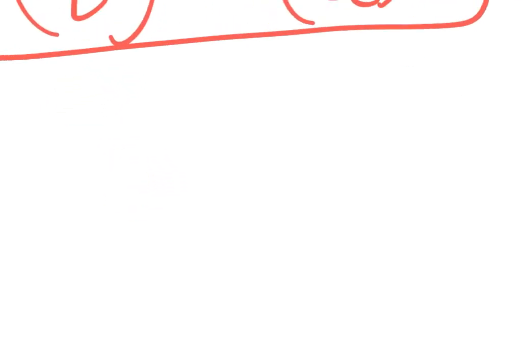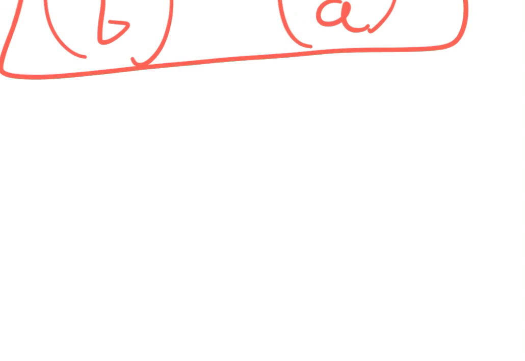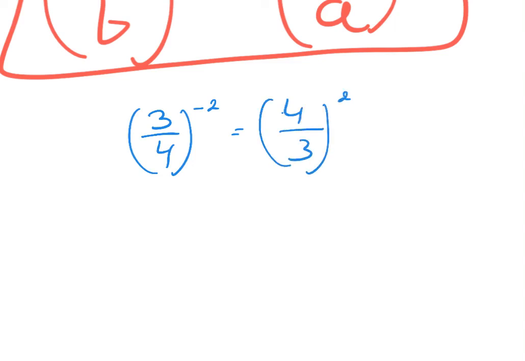Let's suppose I have 3 over 4 to the negative 2. That's going to be 4 over 3 squared, which is 4 squared over 3 squared, and the answer will be 16 over 9.